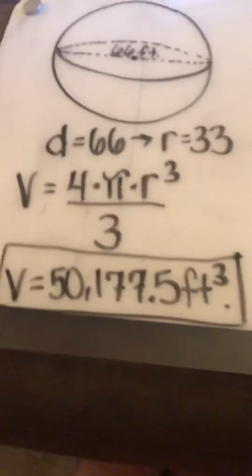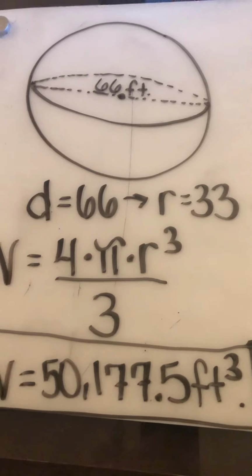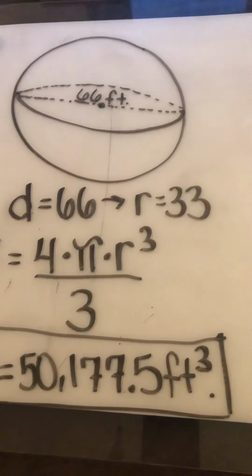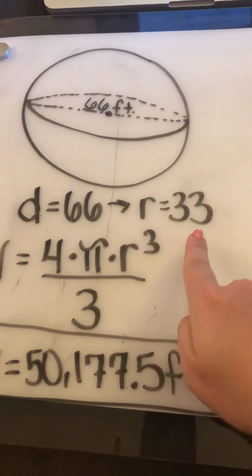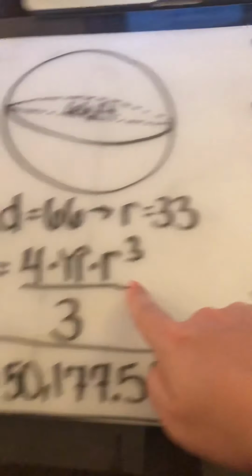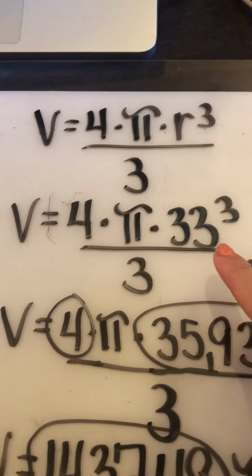Okay? So let me just go back to what we did, especially since I had that little mistake at the beginning. So we have our sphere. We were given a diameter because it's stretching from one side through the center to the other side. Since we're given a diameter, we know we have to split it in half to find the radius, since our formula requires a radius and not a diameter. Then I rewrote my formula and I plugged in the radius that we found, which was 33.